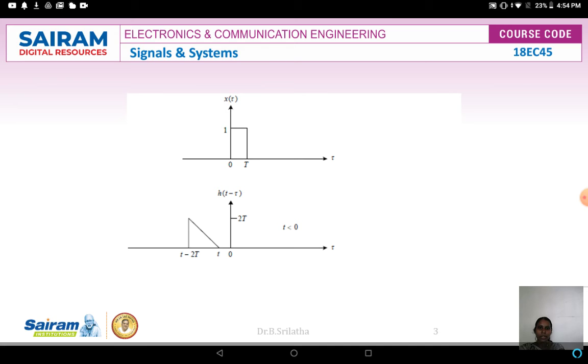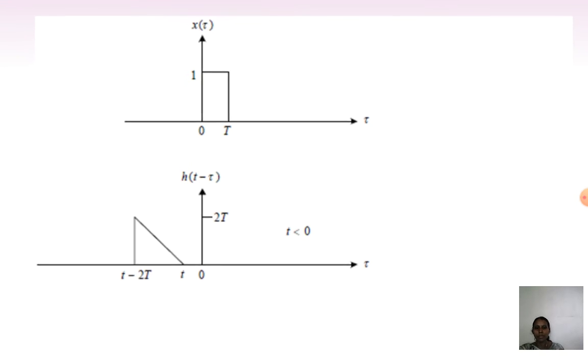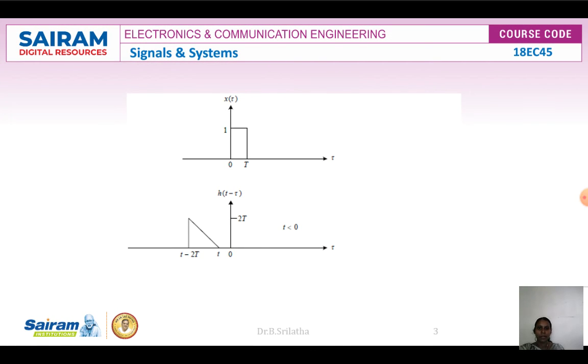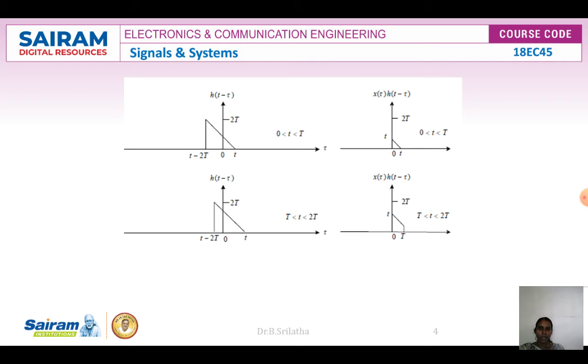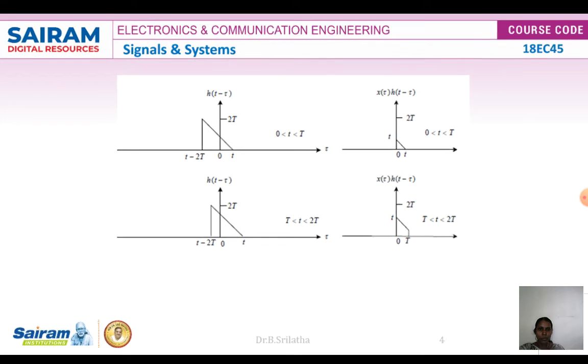First, t less than 0: h of t minus tau lies from t to t minus 2T. There is no overlap and no multiplication of these two, so y of t is 0. Now for 0 to T, the product exists only from 0 to t.